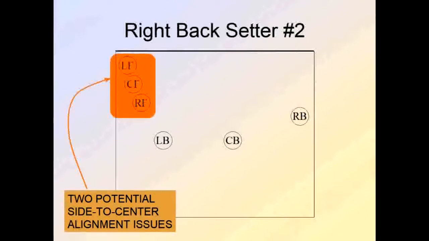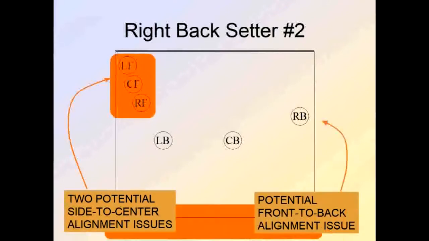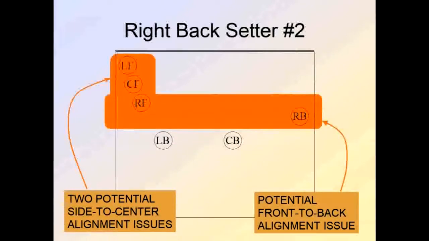And then with the right back, there could be a front to back alignment issue. The right back clearly must stay behind the right front, and the right front must be closer to the right sideline than the center front. The left front then must be closer to the left side boundary line so as not to cause an alignment issue with the stack on the left side.